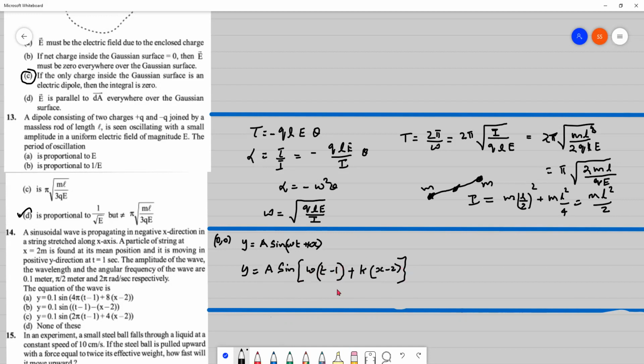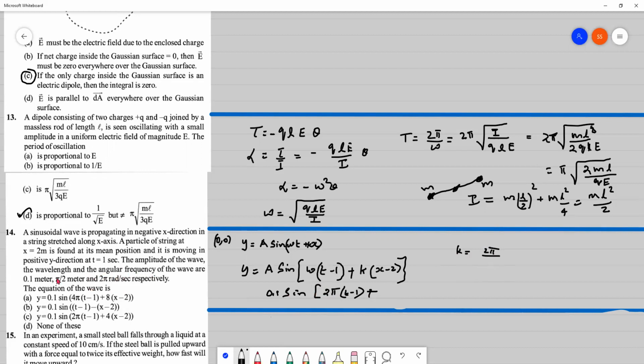So this is the equation. Y is equal to a sine, a is 0.1. Sine omega is given to be 2 pi. Yeah, angular frequency is 2 pi. So 2 pi times t minus 1 plus k, where k is equal to 2 pi by lambda.